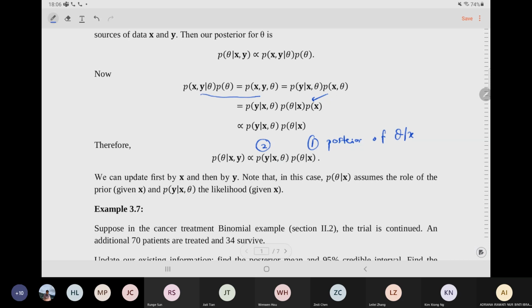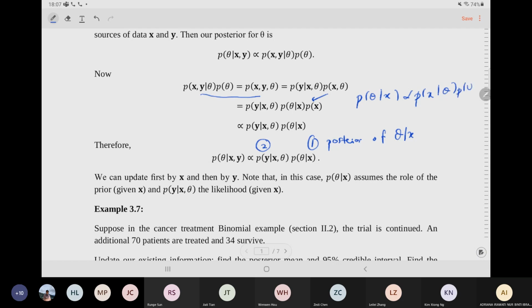If you look at the usual posterior, theta given X is proportional to X given theta times P theta.